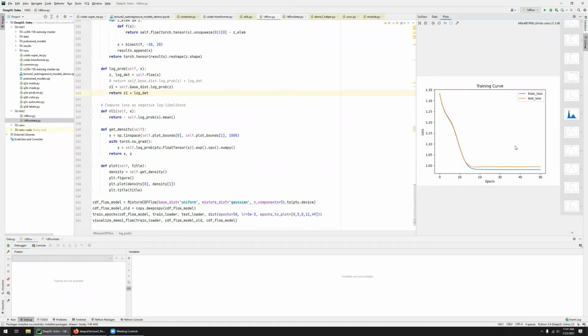So this is for the uniform. I think the loss is the bits per dim, yeah, I think so. And this loss is slightly different. It's steeper.